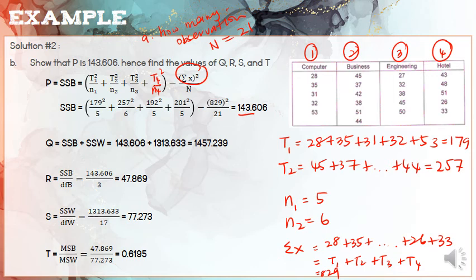So, Q is your SST, the total. So, SST is SSB plus SSW.